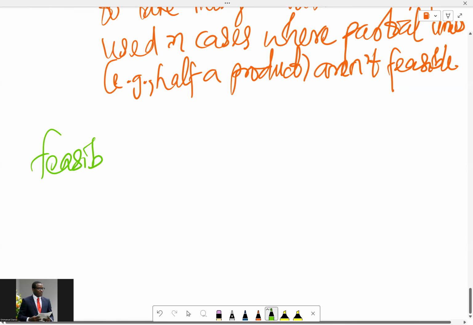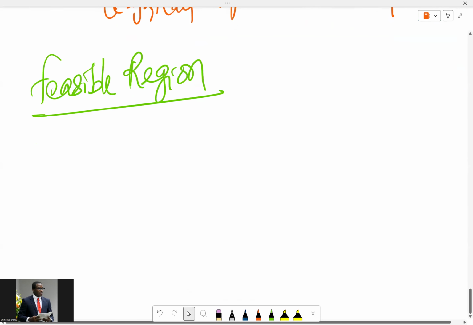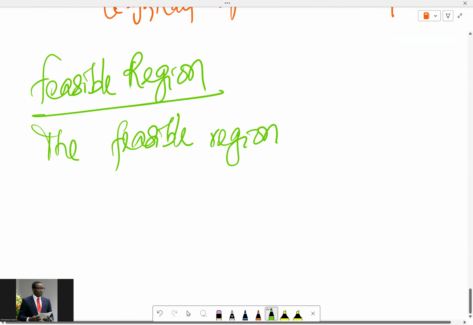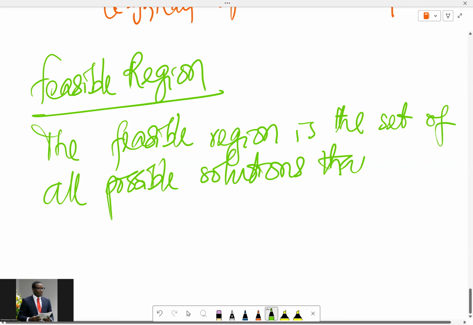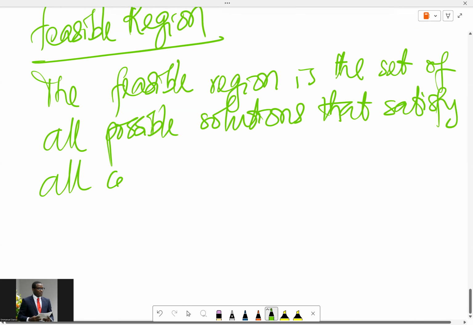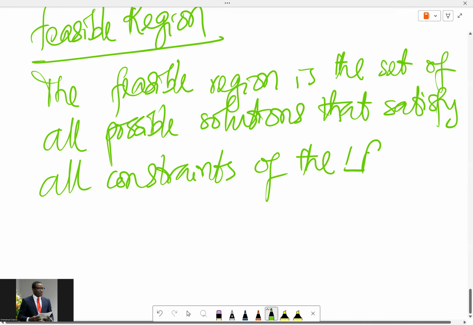The feasible region is the set of all possible solutions that satisfy all constraints of the linear programming problem.